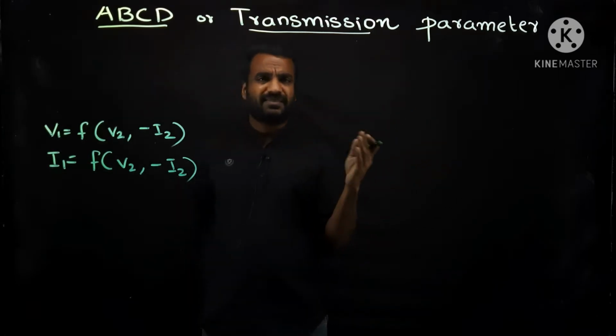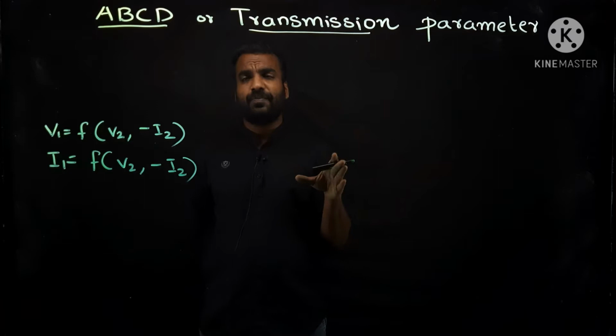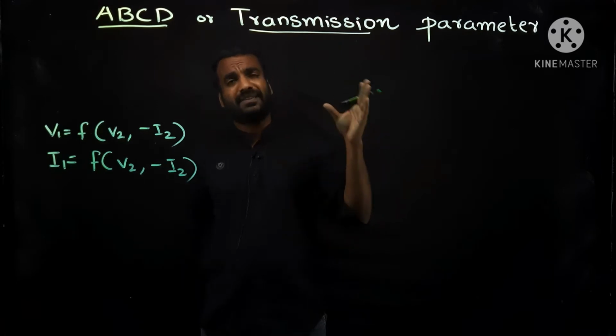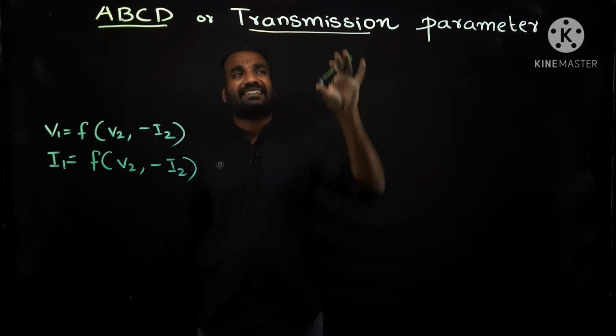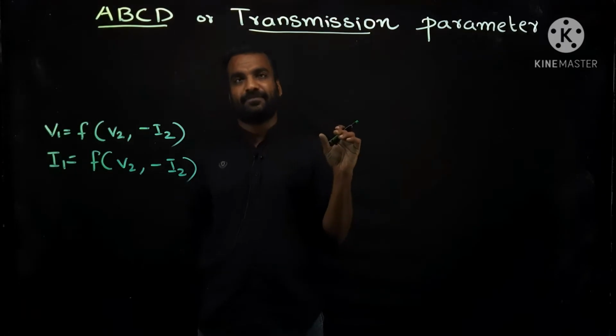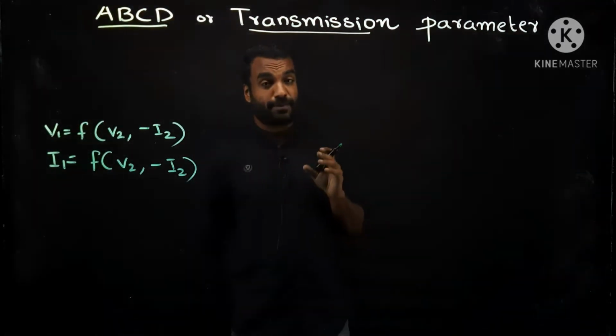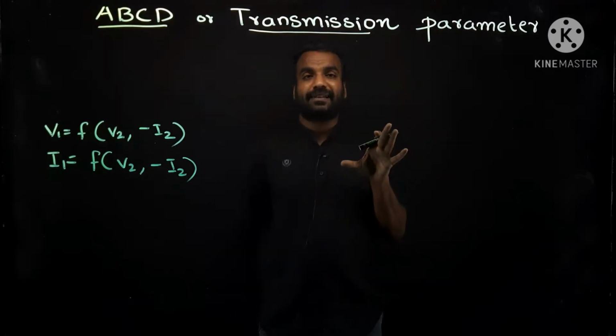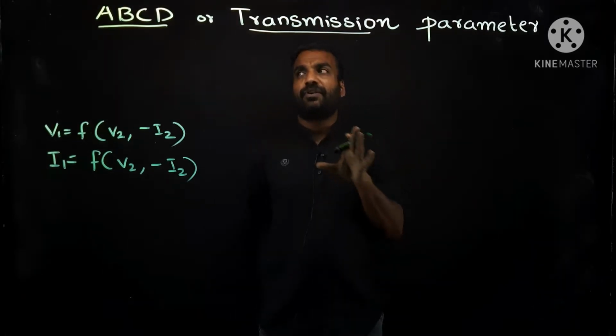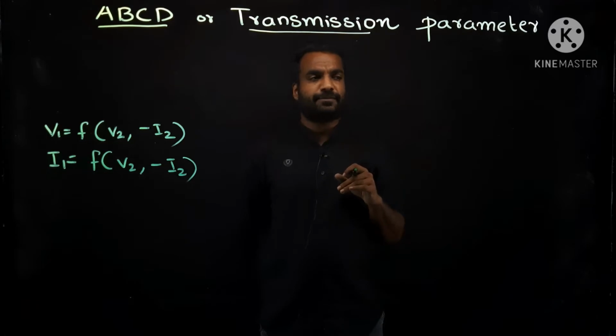For representing such physical transmission lines, we are using ABCD parameters.